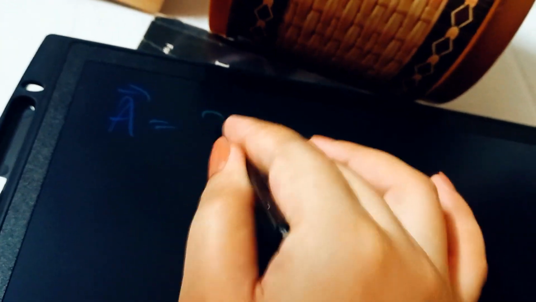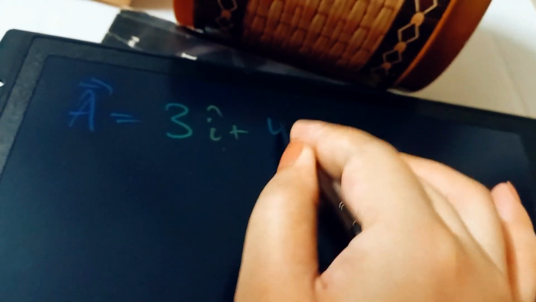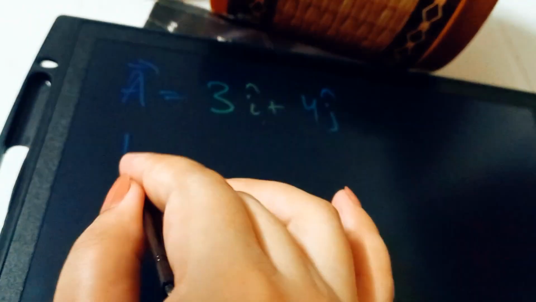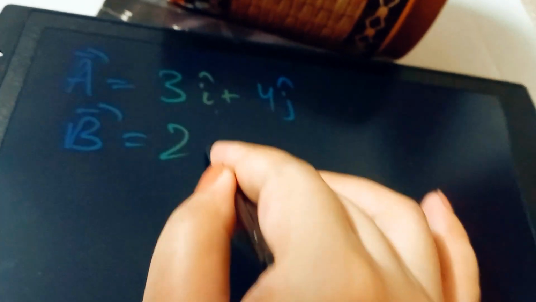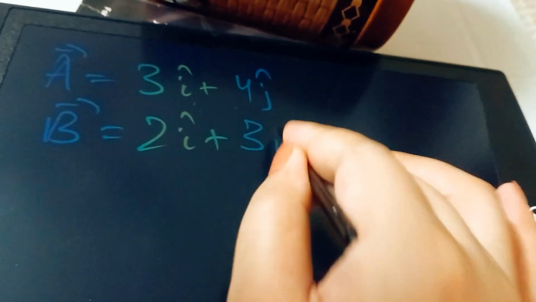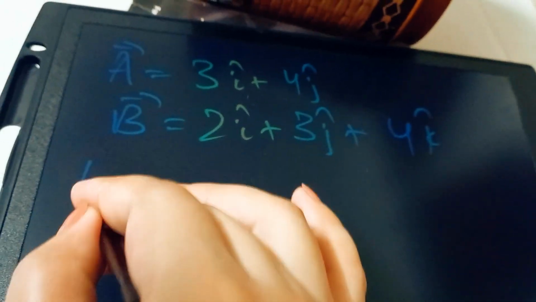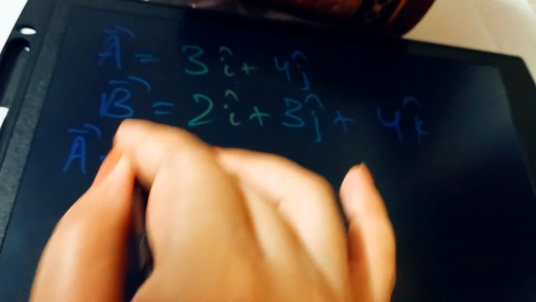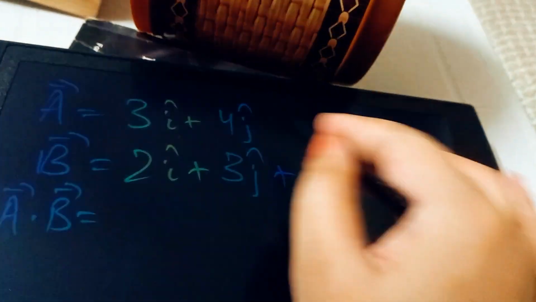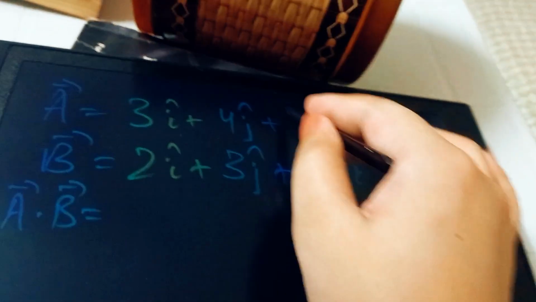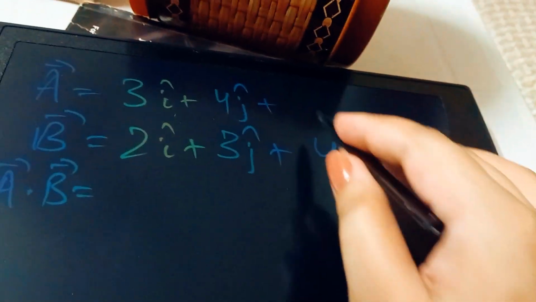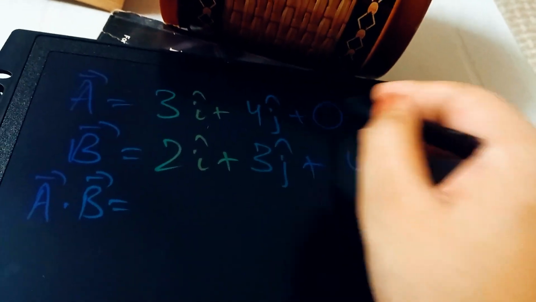Let's say we have a vector equal to 3i hat plus 4j hat, and b vector is equal to 2i hat plus 3j hat plus 4k hat. So what we want to find out is a dot b. Since the k hat vector is not there in a, it means it's 0.